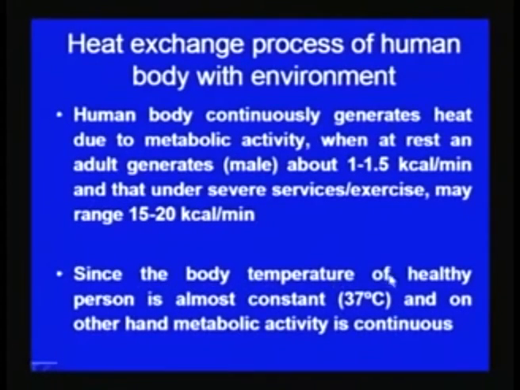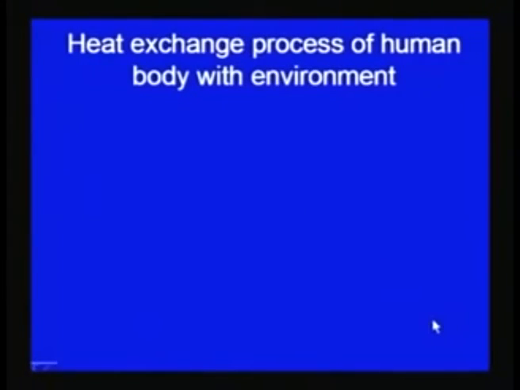Since the body temperature of a healthy person is almost constant, around 37 degrees, and metabolic heat is generated continuously, to maintain the body temperature constant it is necessary that whatever metabolic heat is generated is dissipated continuously.